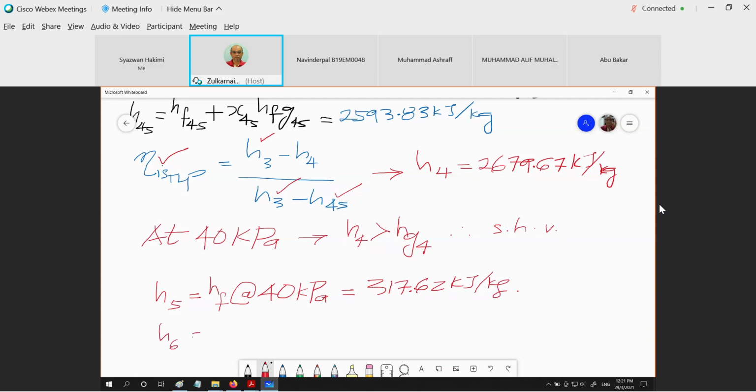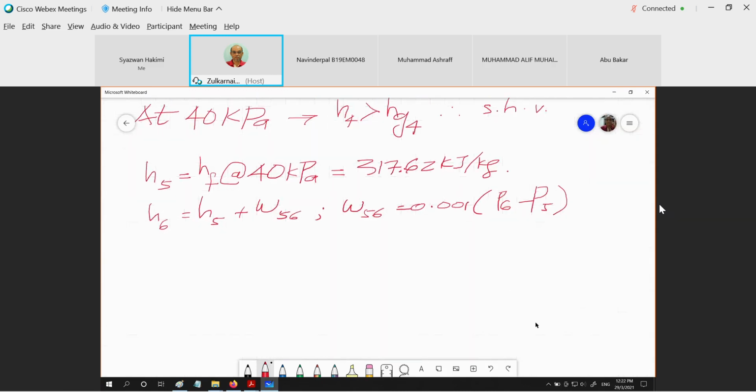Next, we are going to have our H6. H6 is equal to H5 plus W56. What is W56? It is equal to 0.001 times P6 minus P5. So put P6 and P5 in kPa. This is 4,000 minus 40.